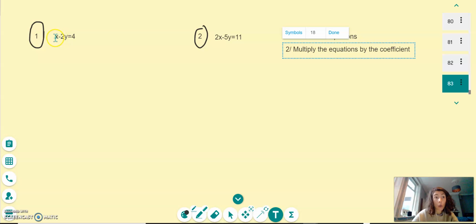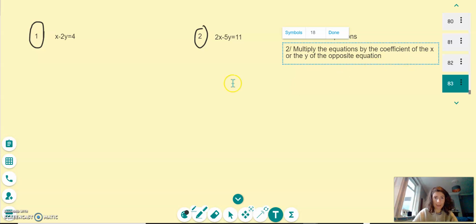The coefficient of y is minus 2. The coefficient of x in equation 2 is 2, and the coefficient of y in equation 2 is minus 5. So it's just whatever's in front of the x or the y. We multiply by the coefficient of the x or the y of the opposite equation.